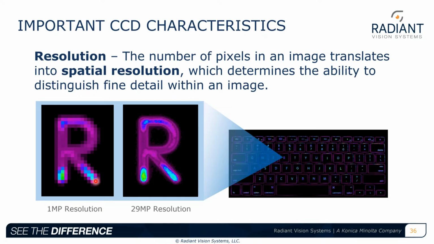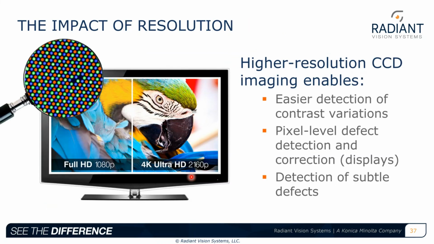We're only getting about 3 pixels across this bright point, whereas with 29 megapixel we can really see the detail and the distribution. And again, this is a false color image, so we're showing different luminance levels with different colors, purple being the darkest and green being brighter. So that's resolution. This is especially important when we're finding small contrast variations. We want to get as many CCD pixels across it as possible.